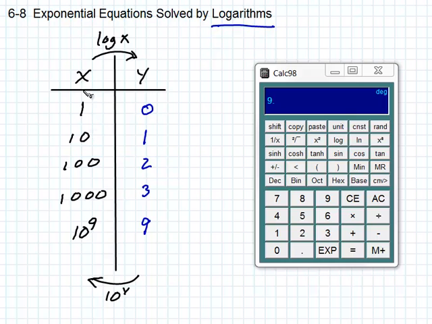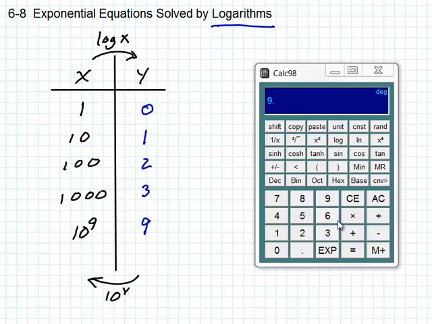Now, to go backward, if I'm given one of these results y, I could simply take 10 to the y, and that would give me the corresponding value of x. You know that 10 to the 0 is 1, 10 to the 1 is 10, etc. So log x goes one direction, and then 10 to that result brings you back where you started.